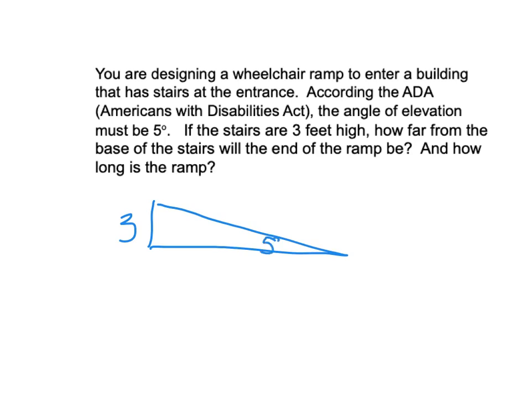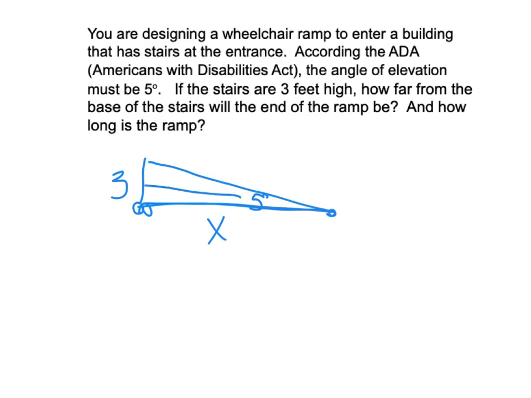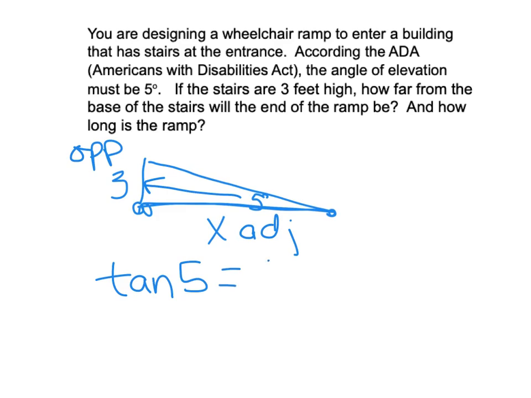Okay, how far away from the base of the stairs will the end of the ramp be? So we want to know how far from the base of the stairs to the end of the ramp. Again, here's our 5 degrees. 3 is opposite. X is adjacent. So we're going to have tangent of 5 equals opposite over adjacent.